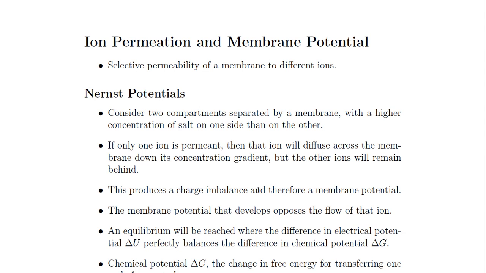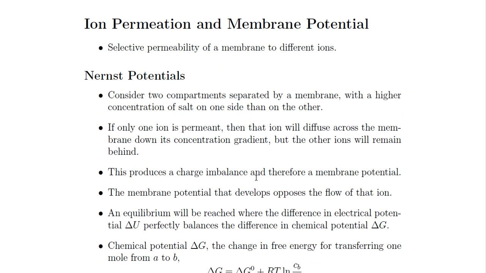This will produce a charge imbalance and therefore a membrane potential. The membrane potential that develops opposes the flow of that ion, the permeant ion, from moving from compartment A to compartment B.